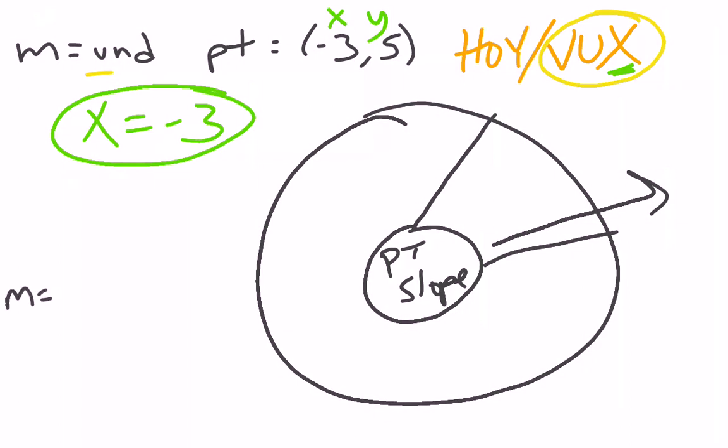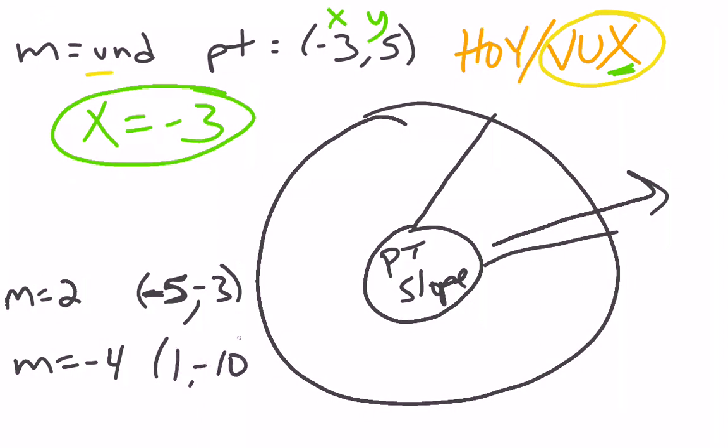So that would be m equals 2 and through the point negative 5, negative 3. And then the one at the bottom, which is a slope of negative 4 and point is 1, negative 10. Okay, so I need you to do those two examples, also that picture for this assignment.